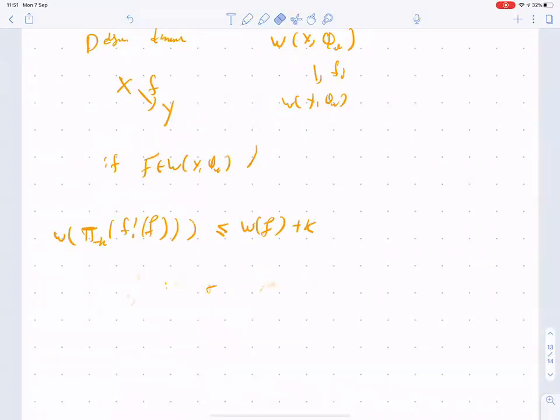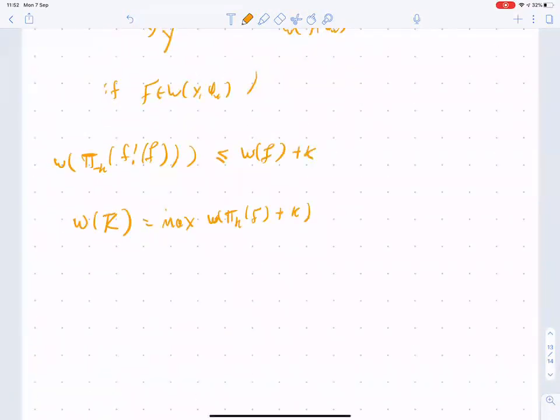So this way you can define for a complex of sheaves W_K to be the maximum of the weight of pi K of the complex plus K, and then if you define it this way, the statement is just that F lower Schrick of K is smaller or equal.